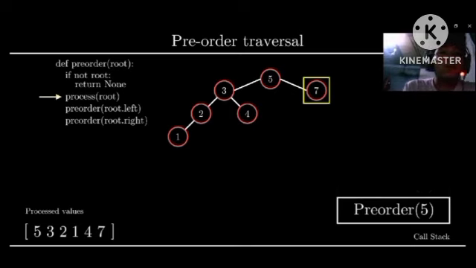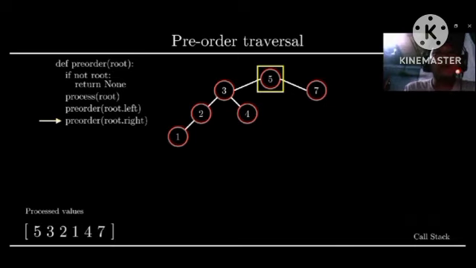So we pop pre-order 7 off the call stack and go back to our pre-order 5. At the same time, pre-order 5 is completed, so we can pop pre-order 5 off the call stack. Since our call stack is now empty, we have visited every node and finished the traversal.